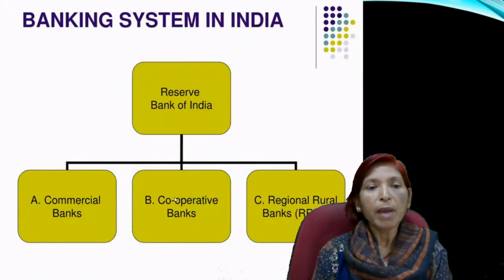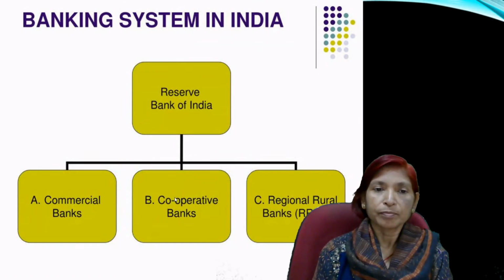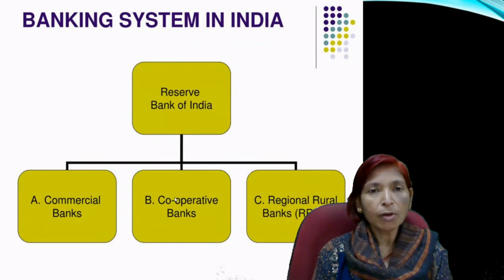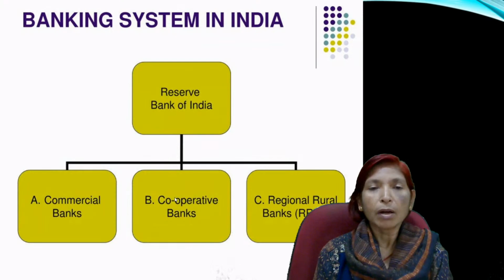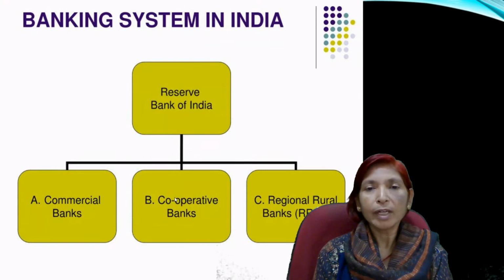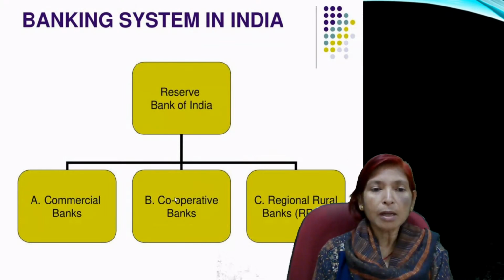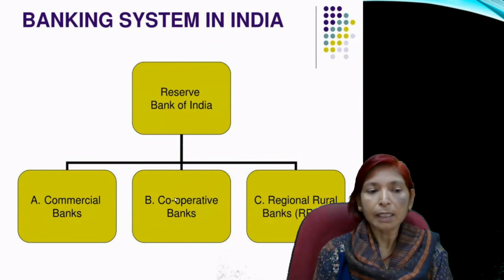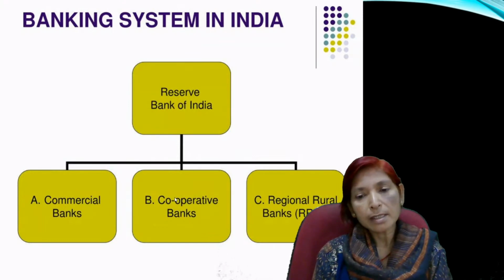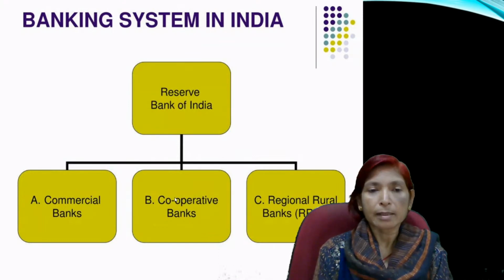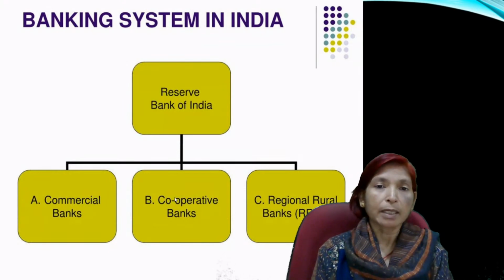Now next is the banking system in India. In India, first of all the banks are managed, controlled and organized by the Reserve Bank of India. So the Reserve Bank of India is the apex institution of monetary authority in India. The Reserve Bank of India works with different types of banks like commercial banks, cooperative banks, and regional rural banks. One is commercial banks.